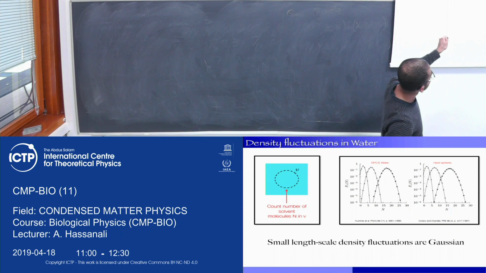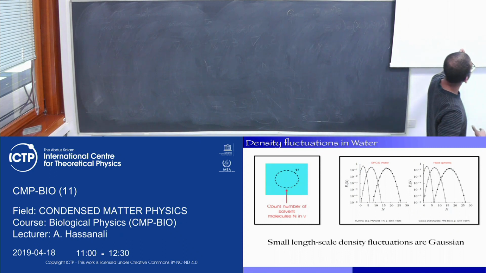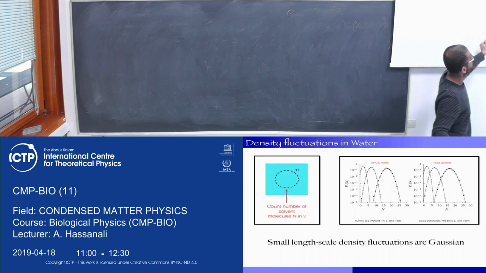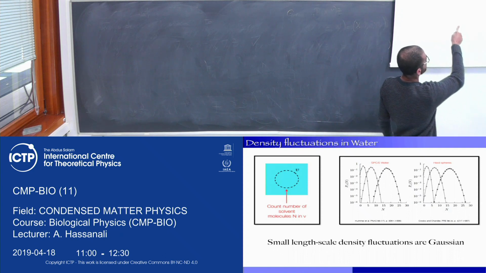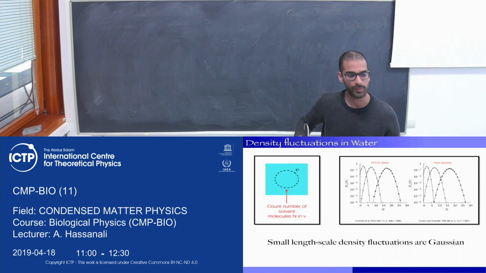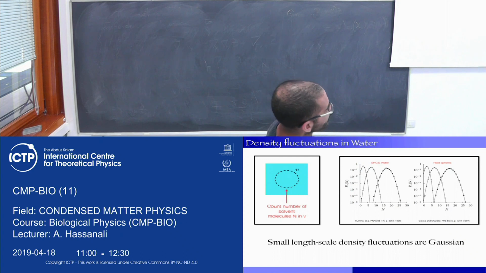And so, for example, these are the probability on a semi-log scale of the number of particles within a specific radius as I increase the radius. Okay, and this value here is what tells me what the free energy to create a cavity is.